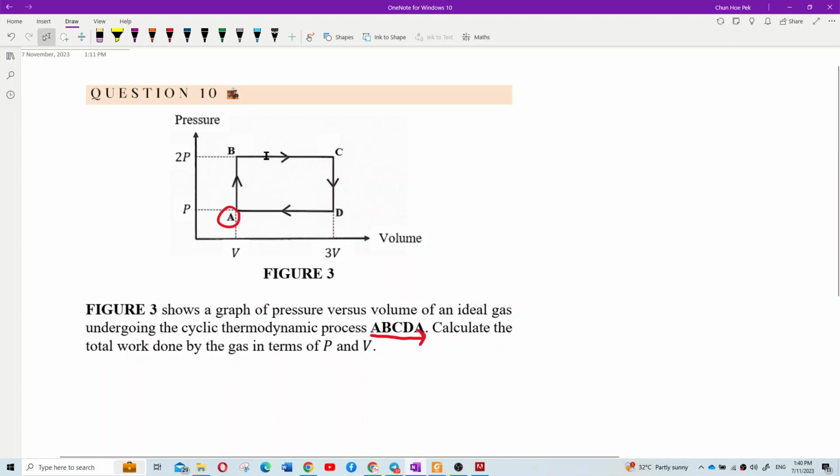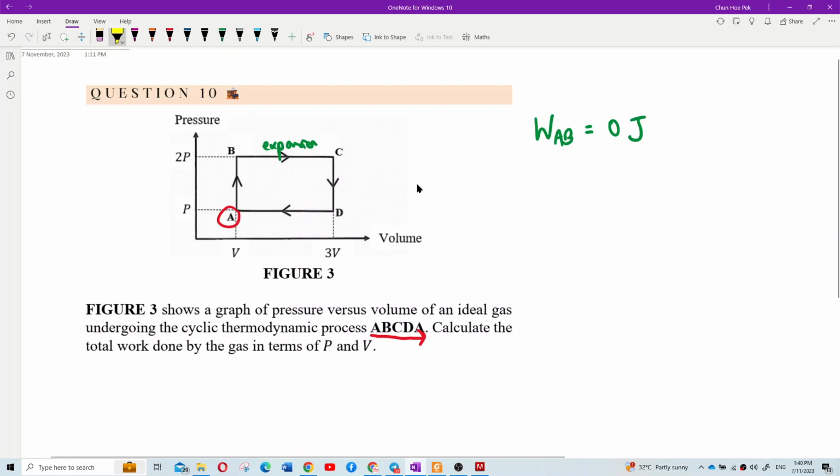Okay, class. So first talk about A to B. Is there any work done A to B? No work done because no area. Yeah, no area. How about BC, class? BC is expansion.